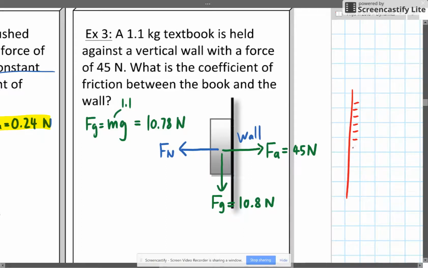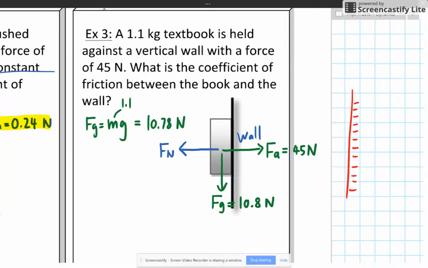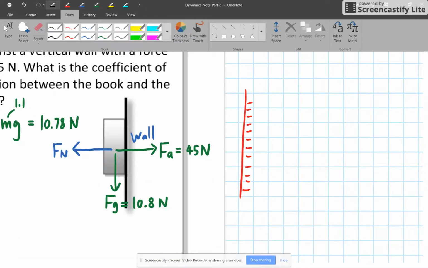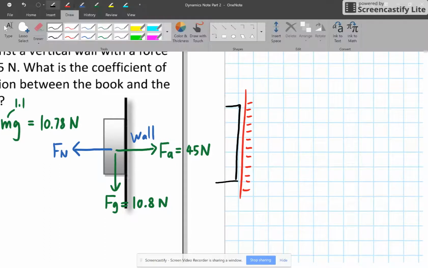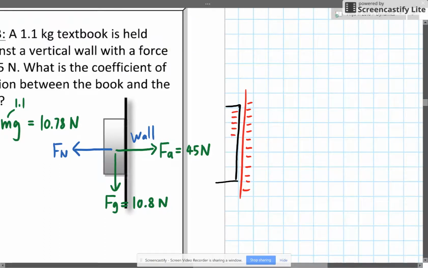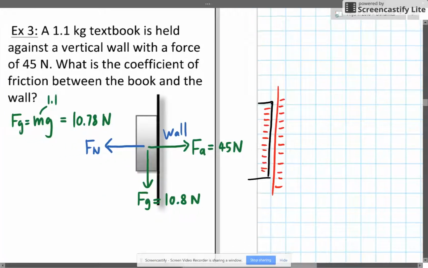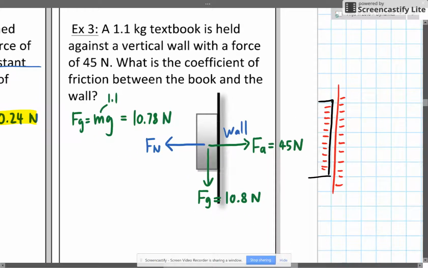The wall has some electrons on it and it's repelling the electrons on the surface of the book. This electron repulsion is what gives us that normal force. Since our surface is vertical, our normal force is going to be pointing to the left-hand side this time.